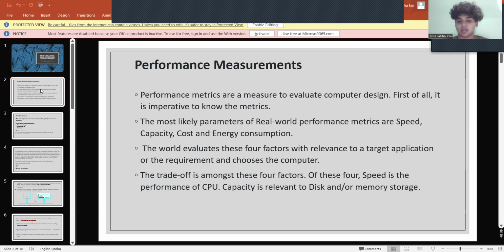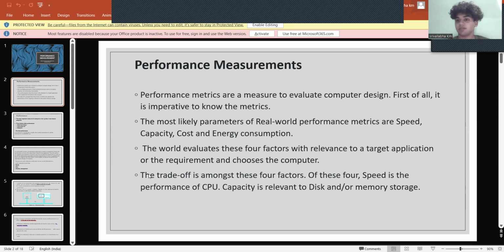As I said, the main things to choose a computer are these four: speed, capacity, cost, and energy consumption. The trade-off is amongst these four factors. The speed is the performance of the CPU.